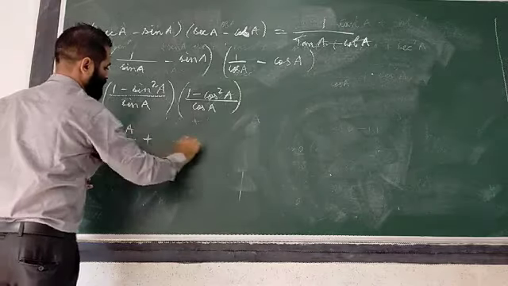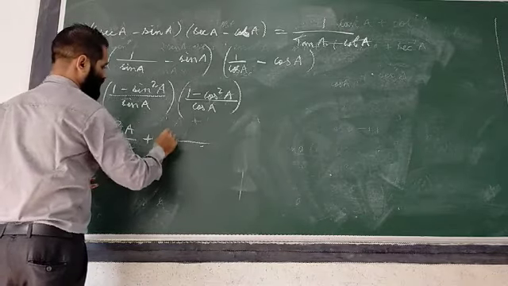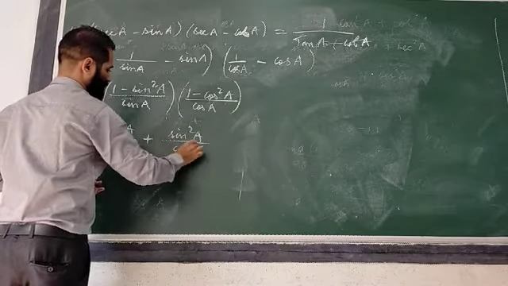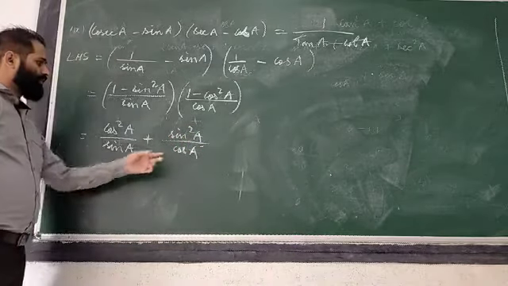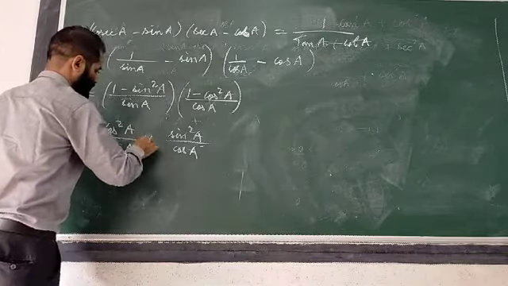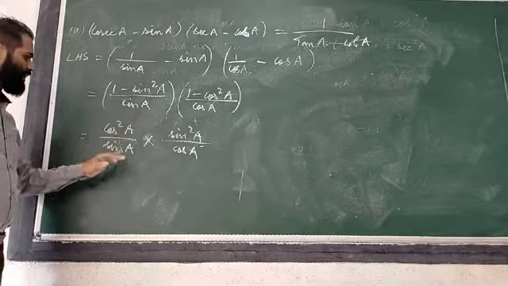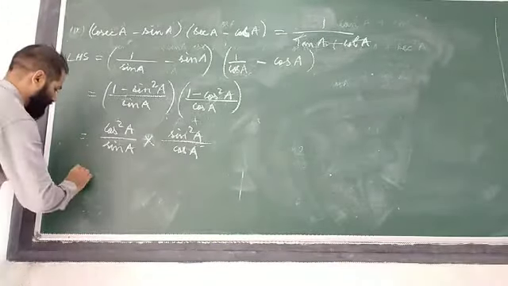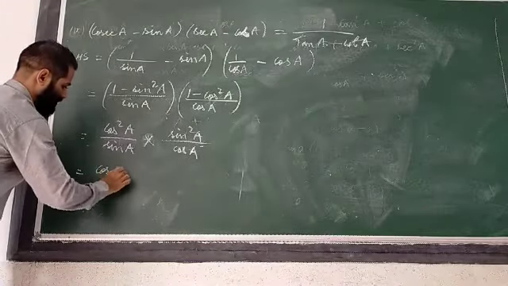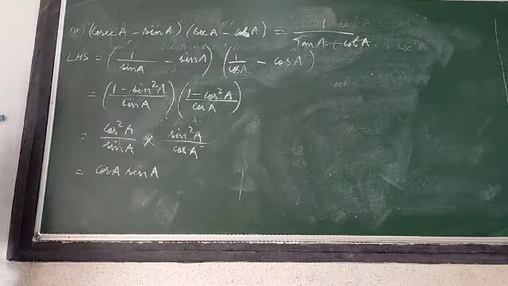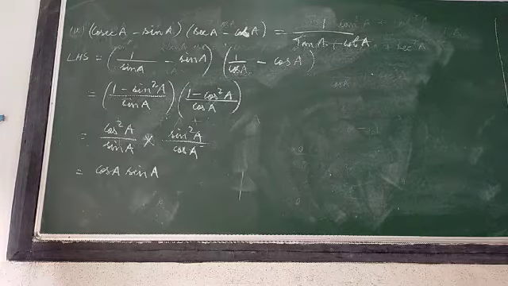And this is 1 minus cos square A, which is sin square A, and this is cos. Oh sorry, this is into. This cos and single cos is cancelled. This sin and single sin is cancelled. So you are having cos A sin A. You got this one. Now you need to solve RHS.